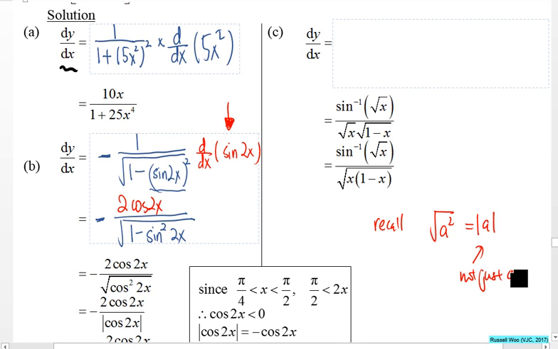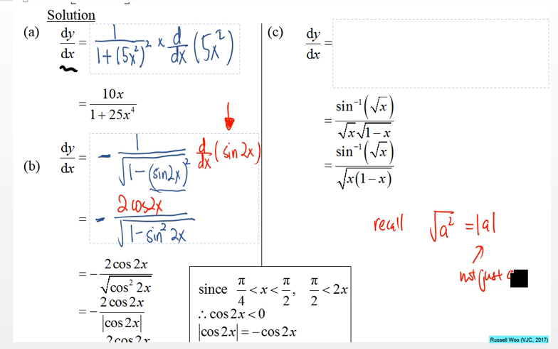Okay, you all recall? Yes? Now, therefore, recall square root of a square is mod a. By right, you should get a mod.